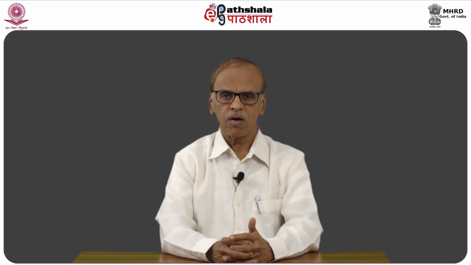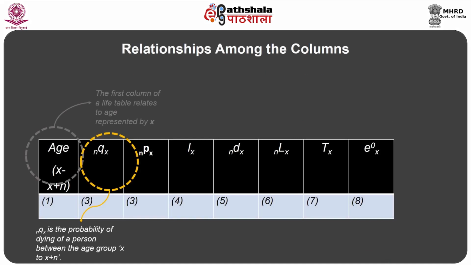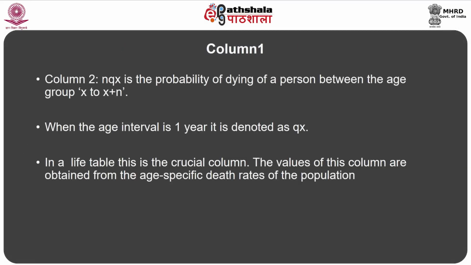Column number 2, nqx, is the probability of dying of a person between the ages x to x plus n, and when the age interval is 1 year, it is denoted as qx. In a life table, this is a crucial column. The values of this column are obtained from the age-specific death rates of the population.